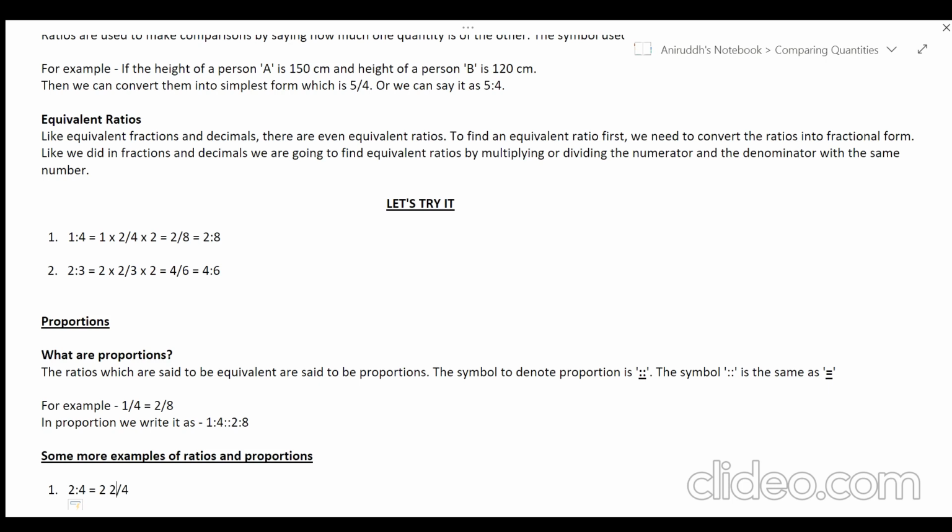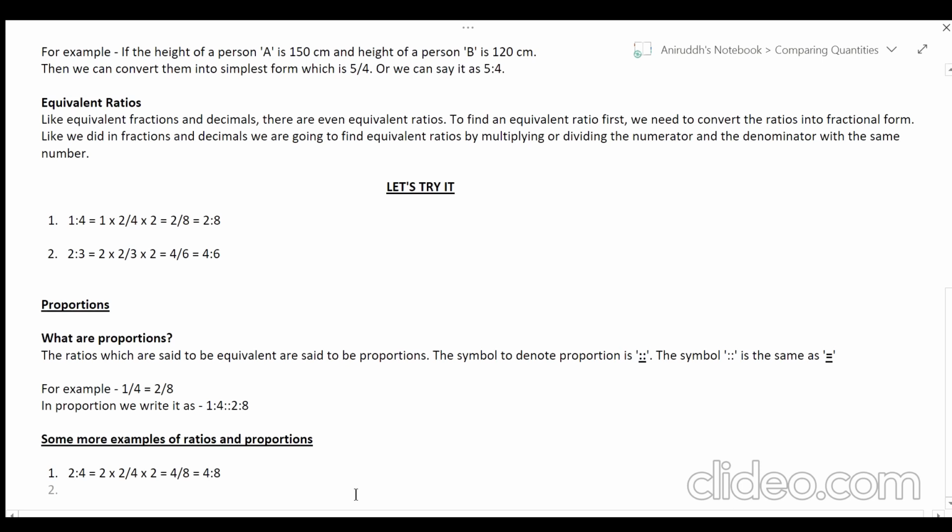So 2 multiplied by 2 by 4 multiplied by 2 will give 4 by 8, which in ratio is 4 is to 8.